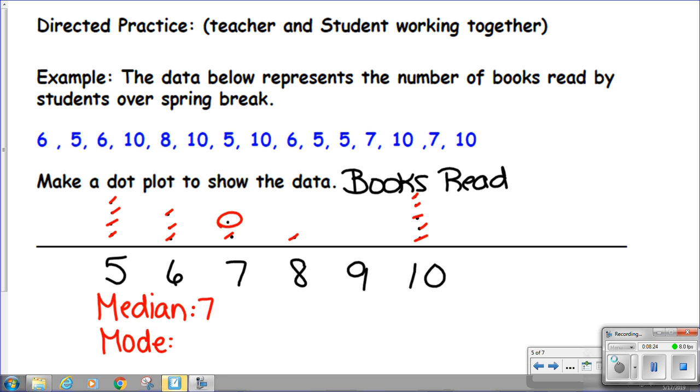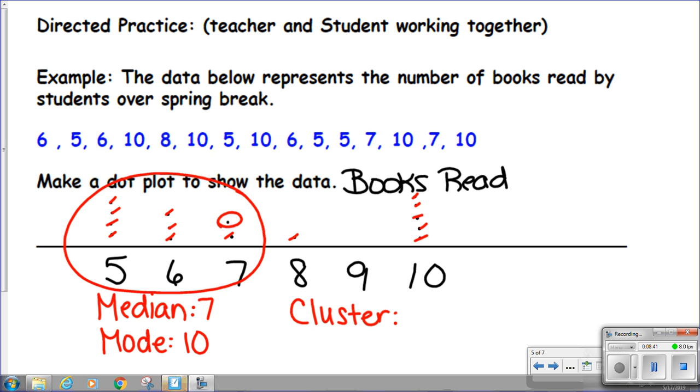I see the most dots at 10. Cluster is a series of numbers where I see the data, the most dots. And I would say that in this area of the graph, I see the most dots. So the cluster is between 5 and 7. And the gap is at 9.